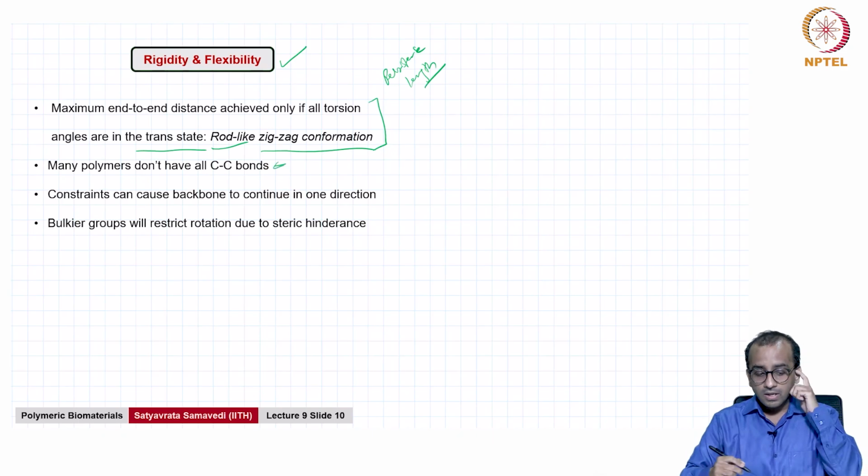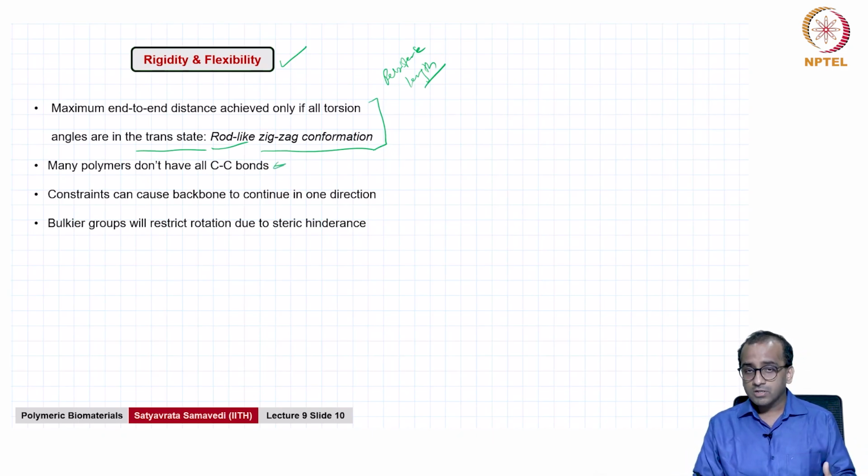But note that many polymers do not have all C single bond C. You can have a carbon with a benzyl ring in the backbone. You can have inorganic polymers, as we saw; it does not have to be a C bond itself.